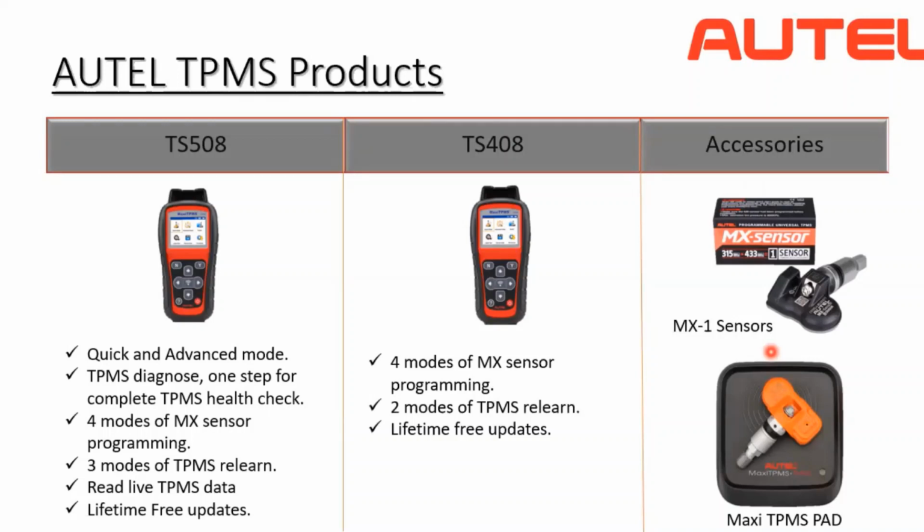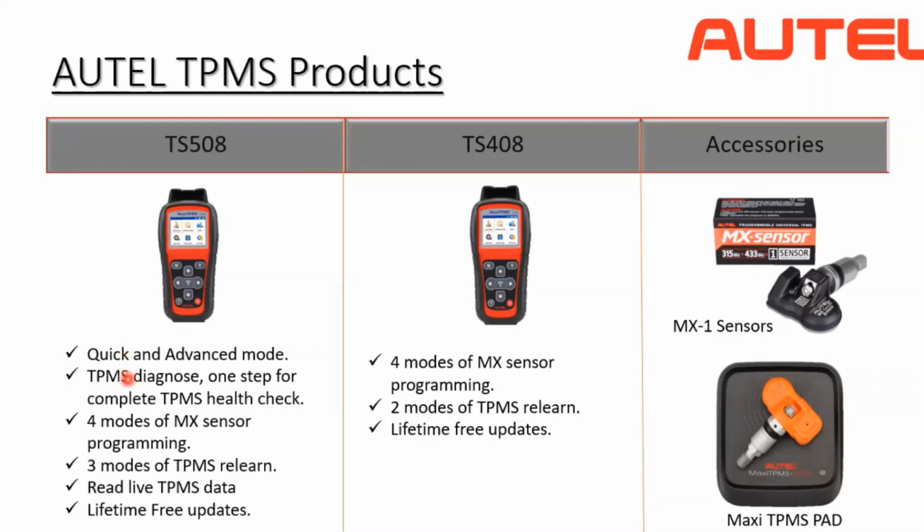Other products include the TS508 and TS408, which are the designated tools in the Autel TPMS range. These are only capable of doing TPMS functionalities, nothing on diagnostics on any other systems of the vehicle.